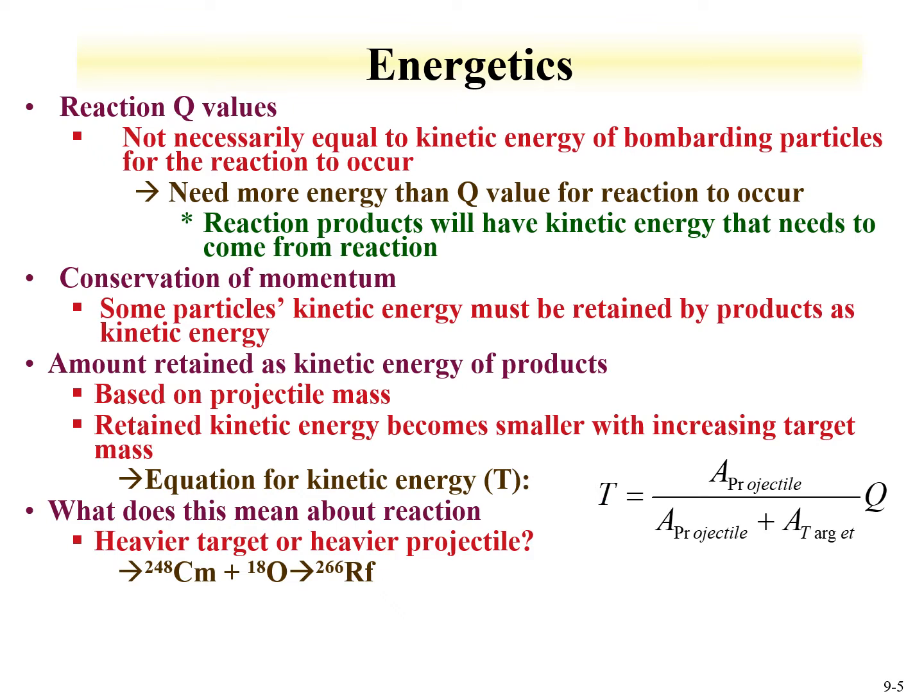Well, if I accelerate the curium into an oxygen target, I use the curium as a projectile, and this kinetic energy is about equal to the Q value, because the fraction is 248 divided by the sum of 248 plus 18. Now, if we go the other route, which is actually done experimentally, where we accelerate oxygen into curium, we wind up with the kinetic energy being only a smaller fraction of the Q value. This is one reason why you often accelerate the light particle into the heavier target.